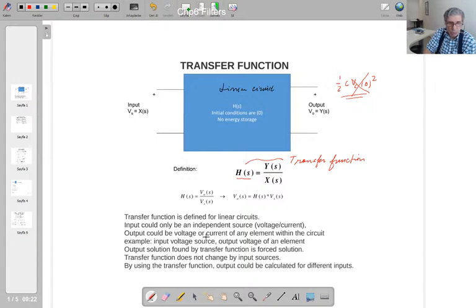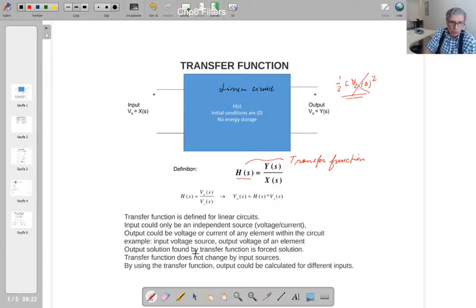Output could be the voltage or current of any element within the circuit. We can define the output as an output of an element voltage or current, so that means Y(s) could be V(s) or I(s). Input voltage source, output voltage of an element could be an example given here.